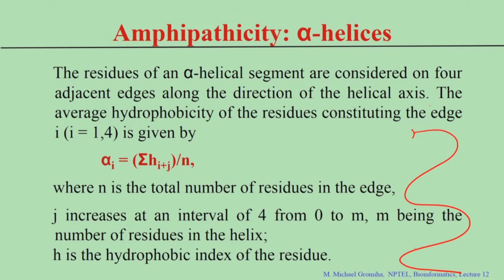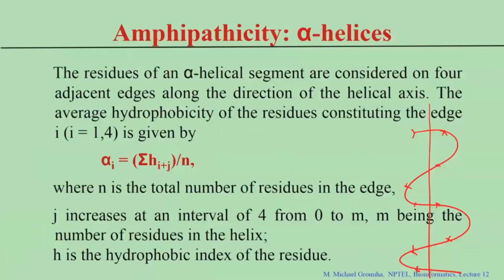So, if you have the helical axis, you can put the residues, 1, 2, 3, 4, and the same way 1, 2, 3, 4. So, in this case you can see there are 2 residues on one side and 2 residues on the other side. So, they show a periodicity of these residues at different positions.